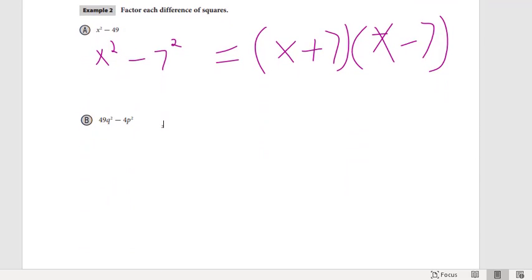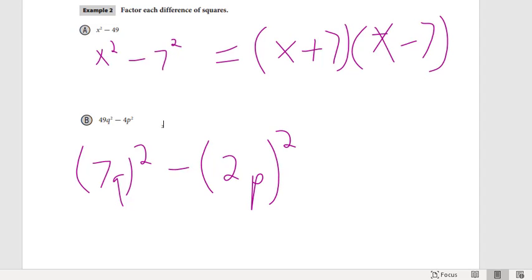So the next one, if we look at part B, 49q squared, that's the same as 7q squared, minus 4p squared. 2 squared is 4, so this can be rewritten as 2p squared. All right, notice it has to be a difference of squares. It has to be subtraction.